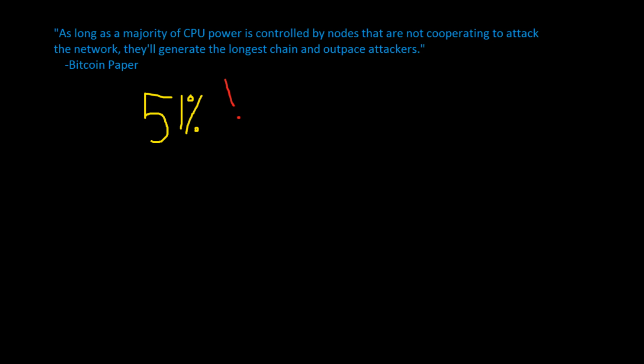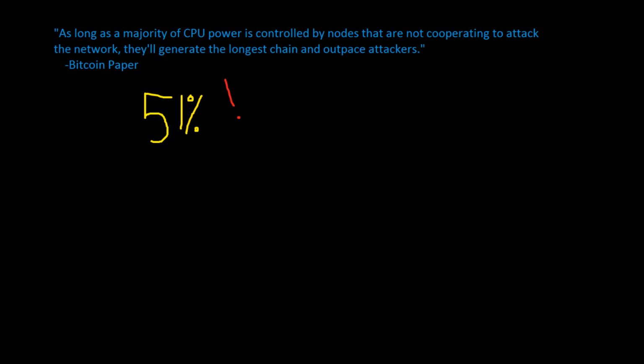So as long as the people attacking the network are not cooperating together, like you could have multiple people trying to attack the network on their own, but as long as they weren't cooperating and becoming the majority of the CPU power, then the good people would generate the longest chain.